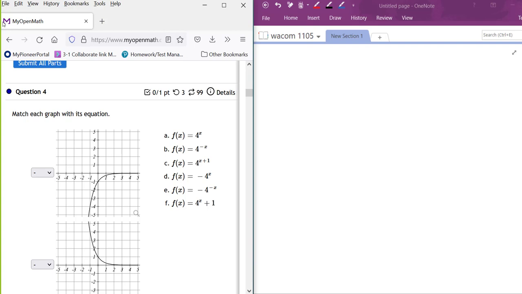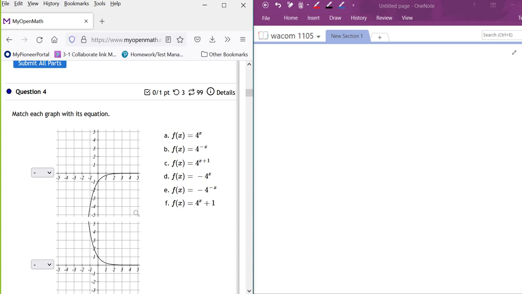This is a matching problem, and it is going to go through all your transformations, which we've already learned. What I would do first is I would pick out the one that gives me 4 to the x. This is your parent function, something to the x power, and that is our exponential function. All right, so we want the one that looks like that.